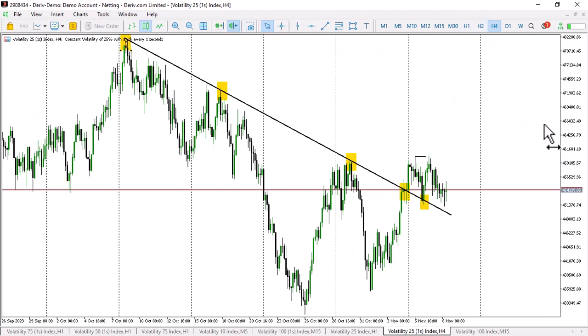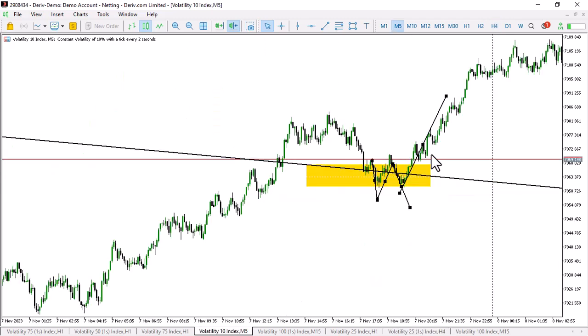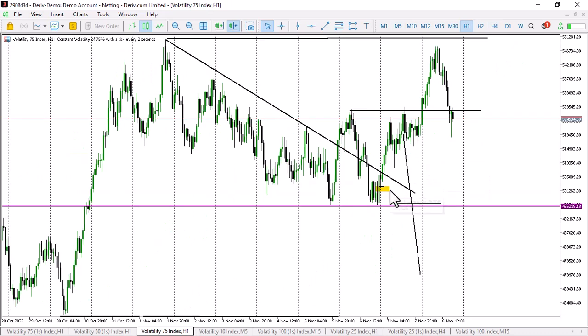You go back to your entry, you clearly see that when price took out this trend line, it also took out this high here. So that taking out of that high is a confluence on its own, and when price went back, it retested the trend line and went up. So this is what we are doing, and this is how we ought to be looking at these things, right?